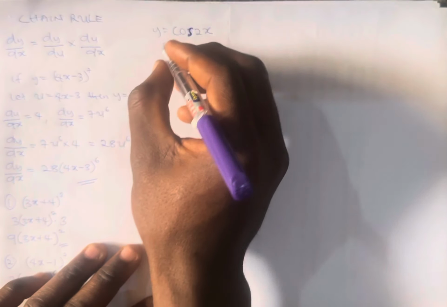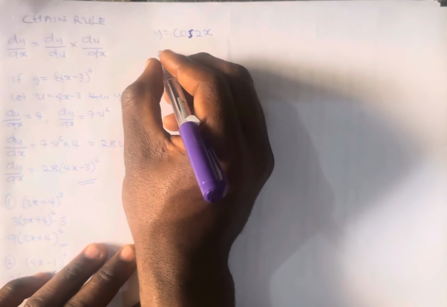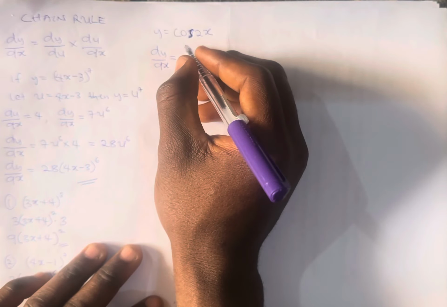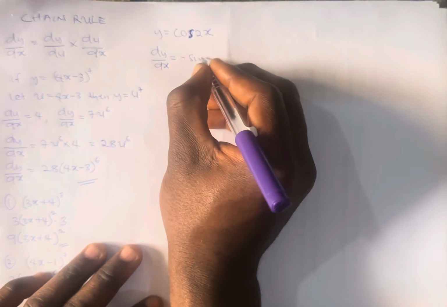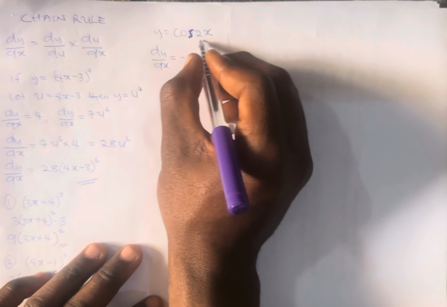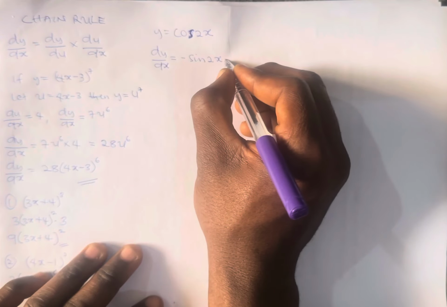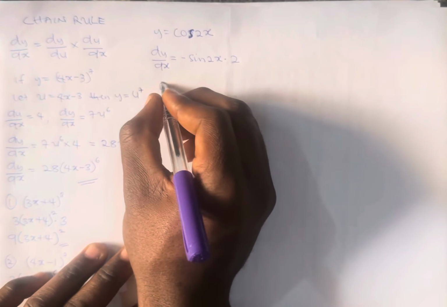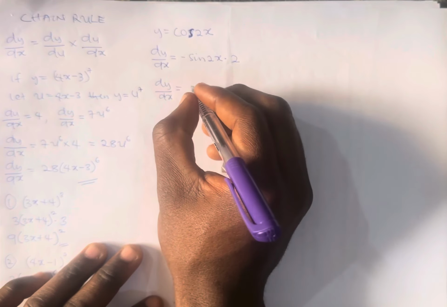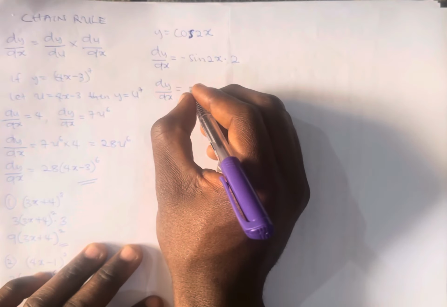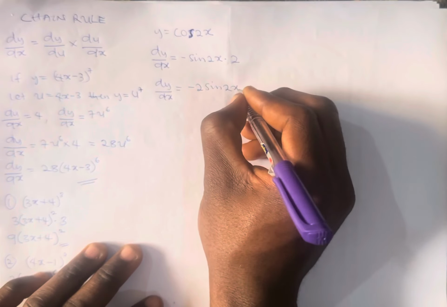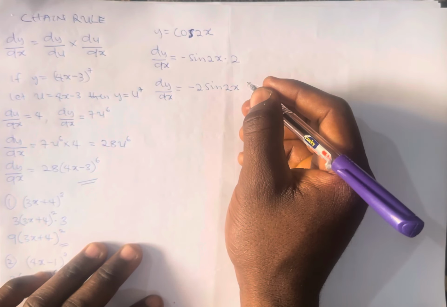So dy/dx is going to be equal to minus sine 2x. Then we differentiate this angle, this 2x, multiplied by that. When we differentiate 2x, we have 2. So our dy/dx is equal to minus 2 sine 2x. It's a bit simple.